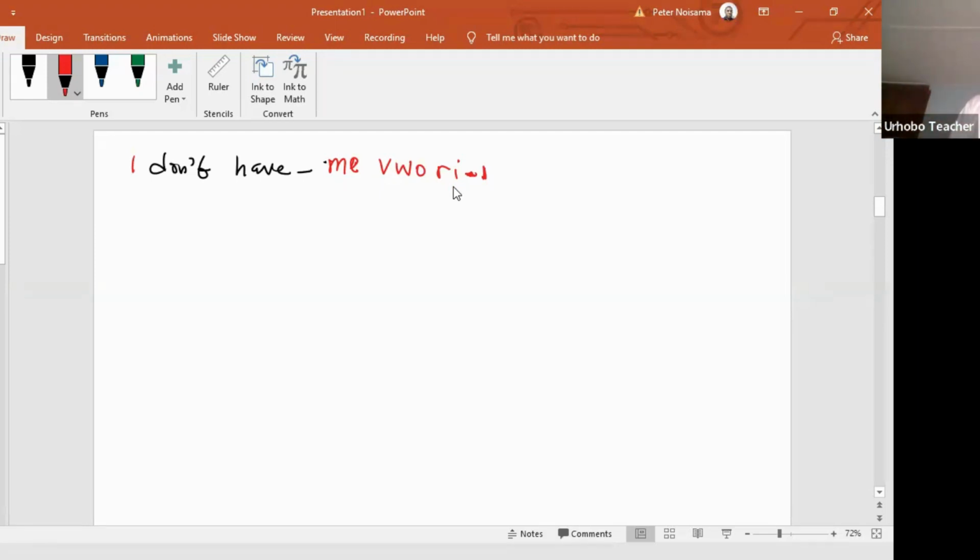I have, me worry. Let's write it again. I have, me worry. Okay. I don't have. What does the rule say? Repeat the last vowel and just draw it out. So me worry, I don't have.